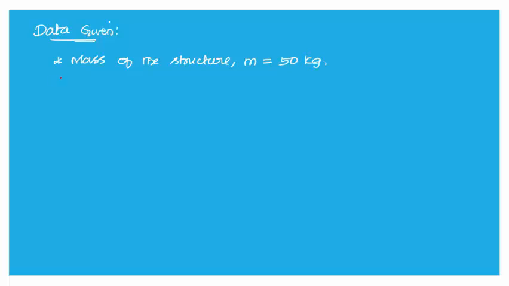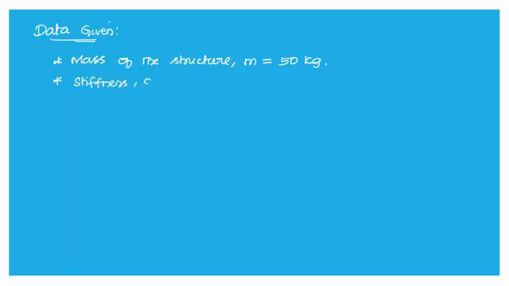So the data given in the problem are: the first data is the mass of the structure, m is equal to 50 kg. Second data is the stiffness of the elastic structure.